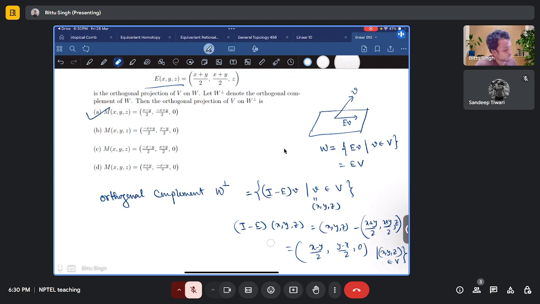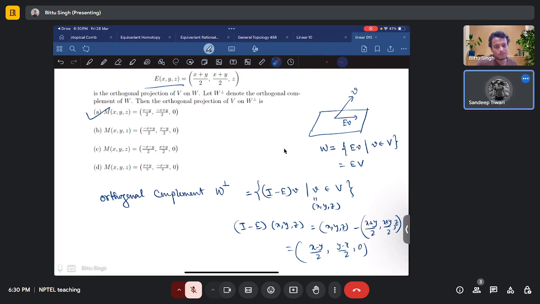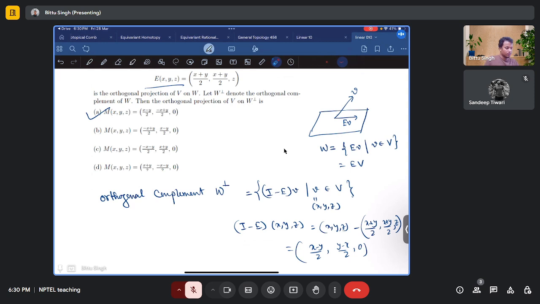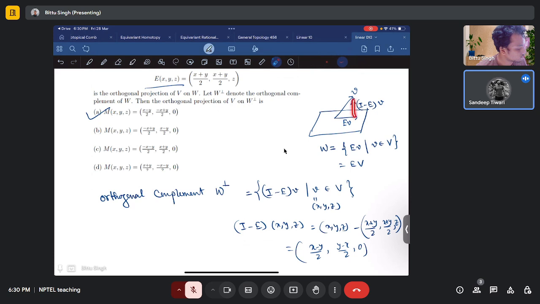We need to compute I minus E acting on xyz. The answer is okay, because on W perp the projection is given by I minus E.